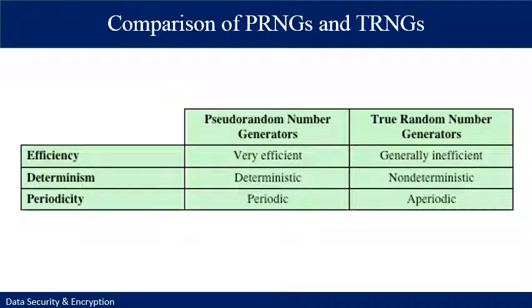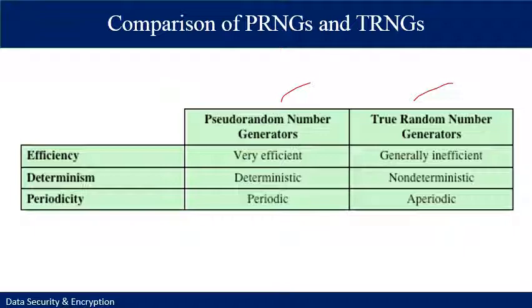So this table summarizes the principal differences between pseudo-random number generators and true random number generators. Pseudo-random number generators are very efficient, meaning they can produce many numbers in a short time.